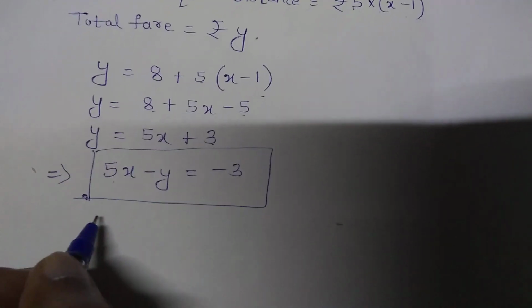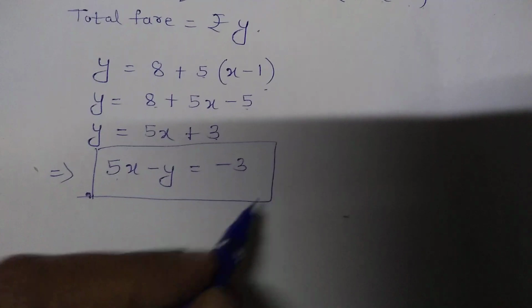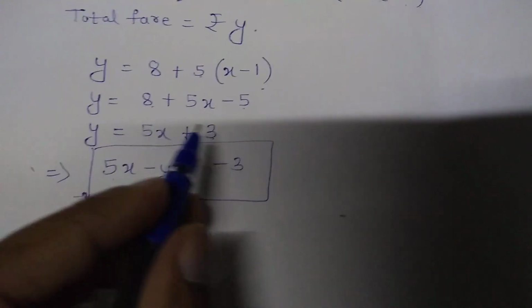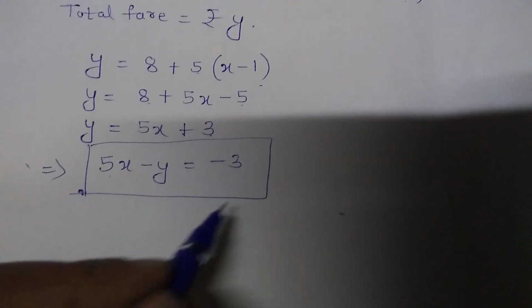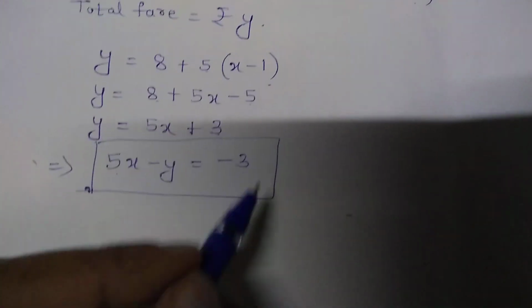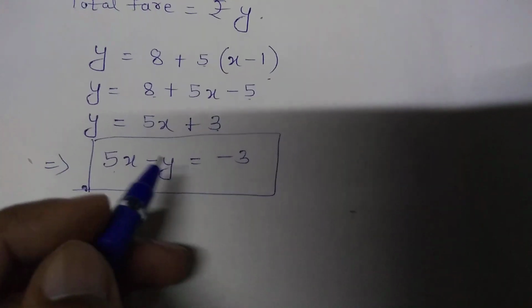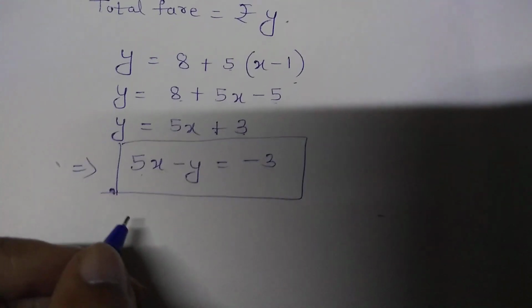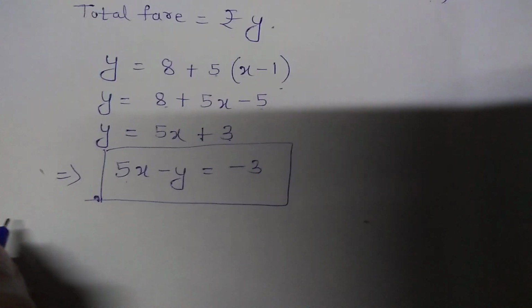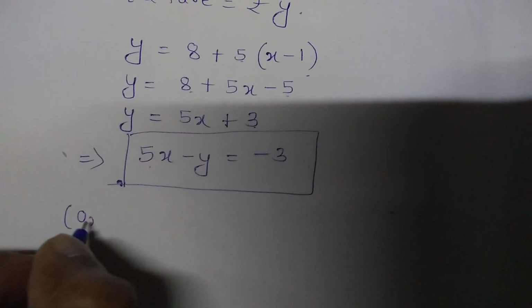By the trial and error method, you will be finding the coordinates which satisfy this equation, and you will be plotting the graph of this equation. I have already found the coordinates, that is 0, 3.